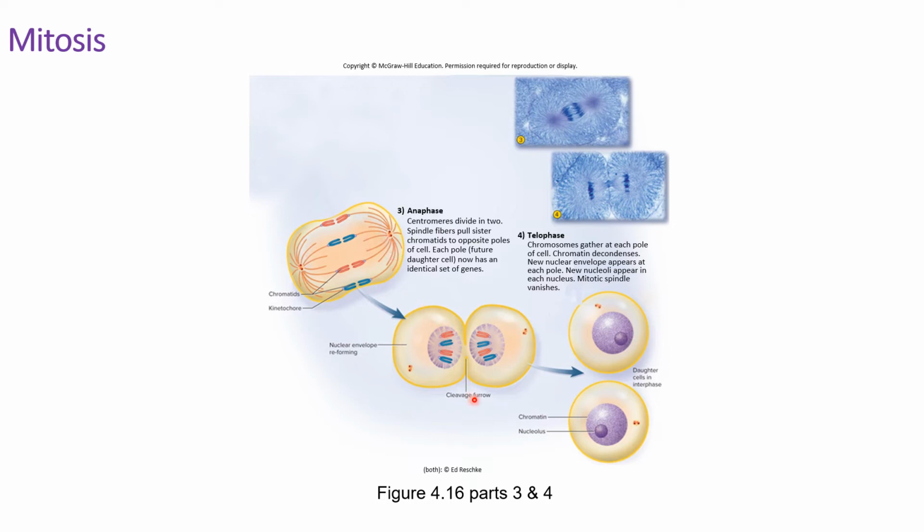And then this one really looks like late anaphase, because now we're seeing this structure here in the middle called a cleavage furrow. Remember that you first start to see this in late anaphase.